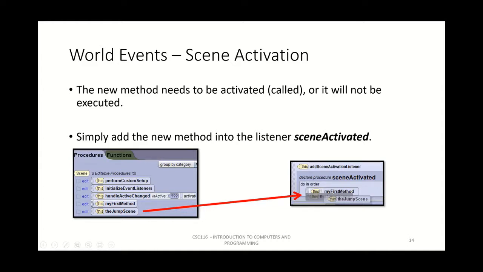Previously in our lab, we only used the my first method code editor to put all the coding. But now if you want to change the scene, you need to create a new scene, and then you need to call the new scene. If not, it will just run my first method. This I will also show you in the demo.